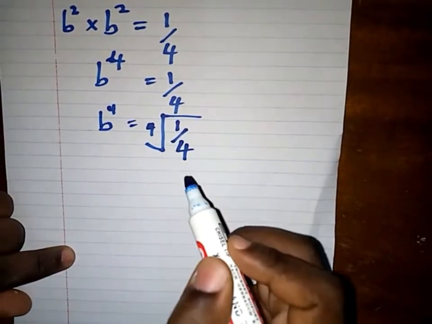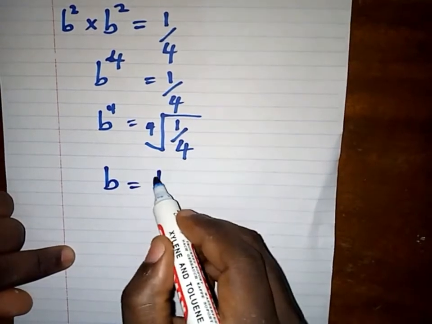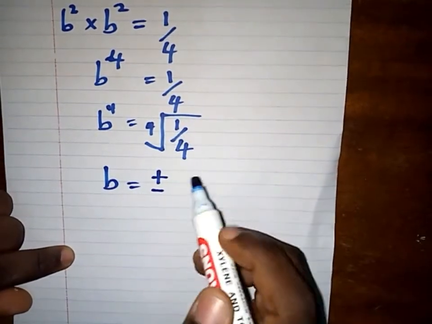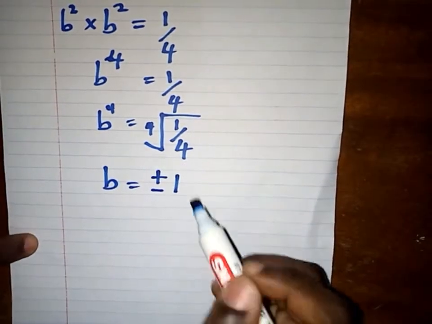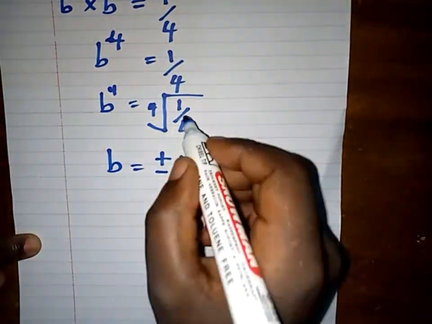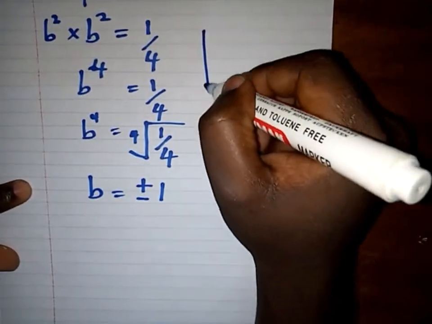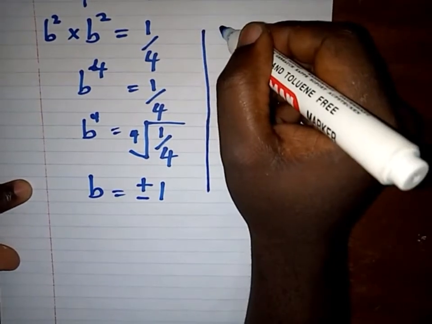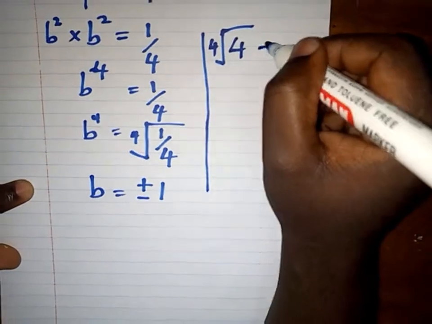So the fourth root of 1 is, remember this is a fourth root, so we are going to have a positive and a negative. The fourth root of 1 is always 1. So the fourth root of 4, this 4 here, we can make it work. So the fourth root of 4 equals what?